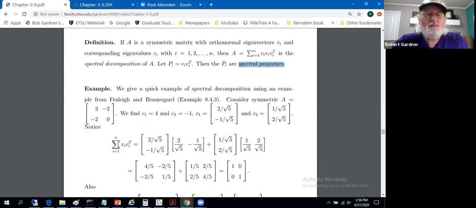So let's take a sum from 1 to n of v sub i times v sub i transpose. Here n is only 2 because we have a 2 by 2 matrix, for the sake of illustration. We take the first vector times its transpose, the second vector times its transpose, doing the row times column thing.